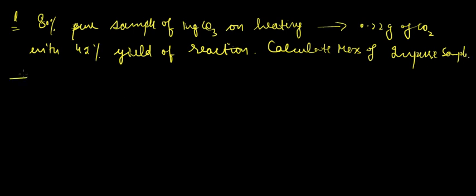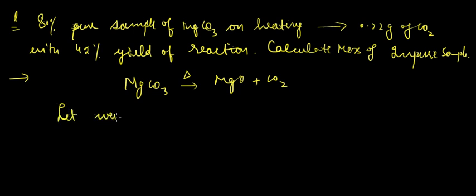Okay, so you have the reaction which goes as this: MgCO3 on heating produces MgO plus CO2. Let the weight of impure sample be x grams.